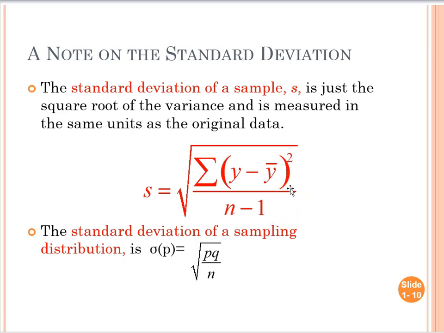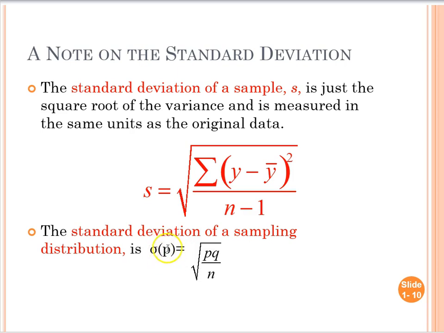So this is when you go out and you collect data and you generate the variance of that data, and that's how we get the standard deviation of a sample. It's notated as S. Here, in this next section, we're dealing with the standard deviation of a sampling distribution. This is completely theoretical. It presumes that we know what the true proportion is. So for a coin flip, we do know what the true proportion is. It should be 50-50.